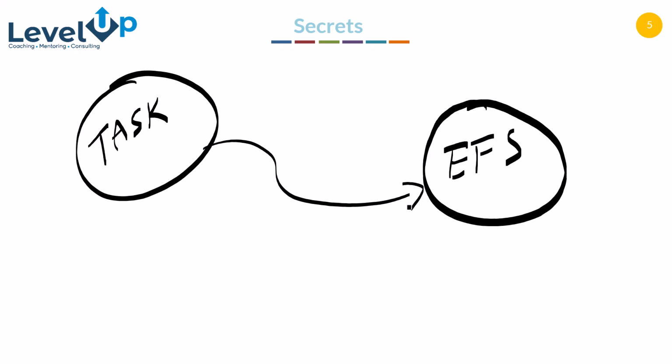Now, what happens if I store the data in EFS? EFS is basically highly available. It can be distributed across multiple regions and has unlimited storage. As soon as we keep adding new data to EFS, the EFS size will keep on increasing. Those are a couple of advantages of using EFS storage.